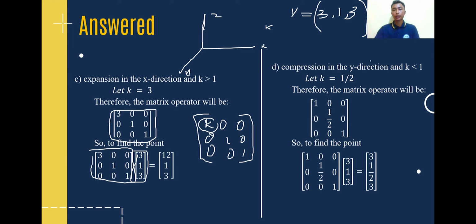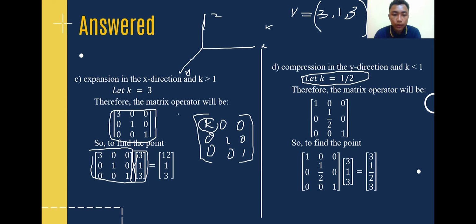And in D, the y direction and k less than 1, and we choose k as 1/2. Like I said before, if the value k is more than 1, the coordinate akan menjauh dari titik 0,0, sedangkan jika kurang dari 1 maka akan mendekat ke titik 0,0.